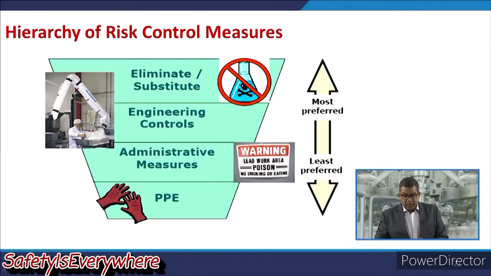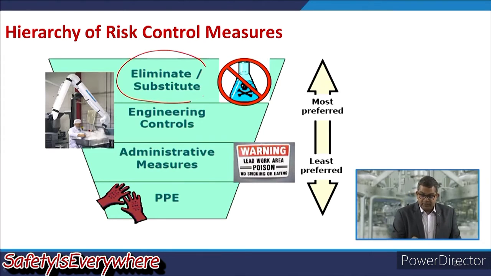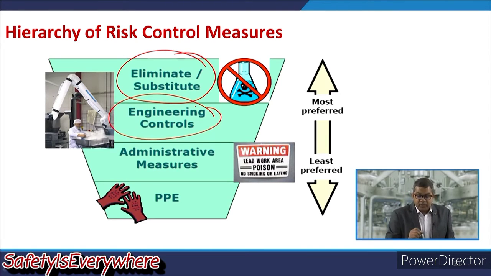Now since we had a discussion about the hierarchy, let us have a look at the hierarchy of risk control measures. You may eliminate or substitute the hazardous substance, which is again subject to chemical kinetics, yield or conversion, etc. Then you may go ahead with the different types of engineering controls.